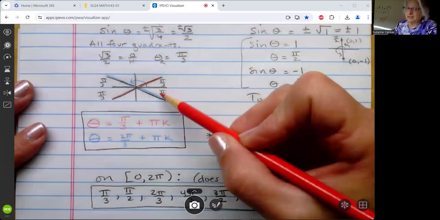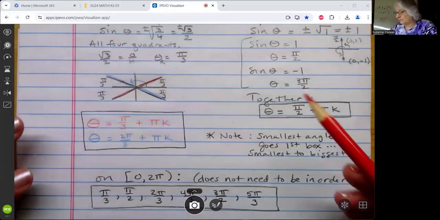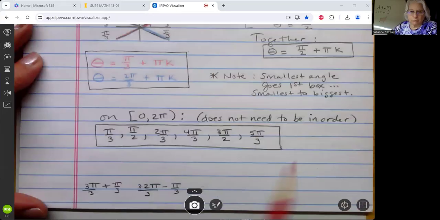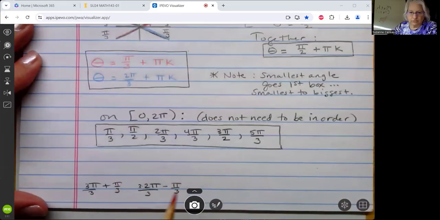Because all the way around would be 6 pi over 3, which is 2 pi. See, so that's 5 pi over 3. All right, and if you need to do a little bit of scratch work, I got some scratch work down here, figuring out that angle.